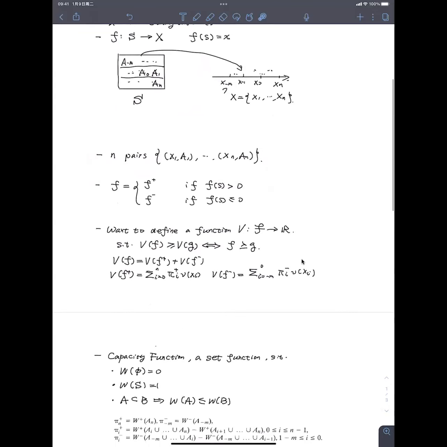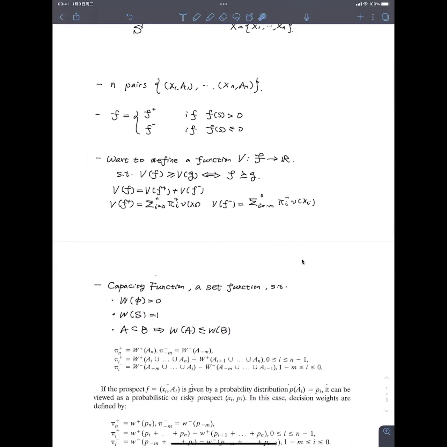We want to create the lottery based on gains and losses, because we know people have different attitudes toward gains and losses, so we should have different measures of them.